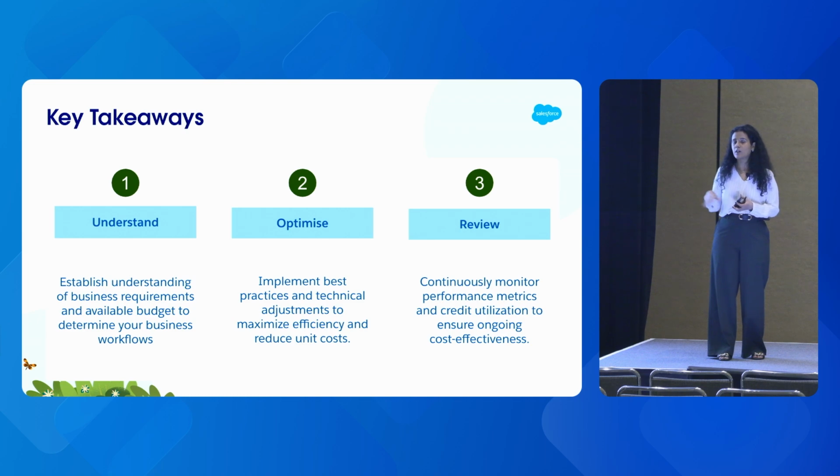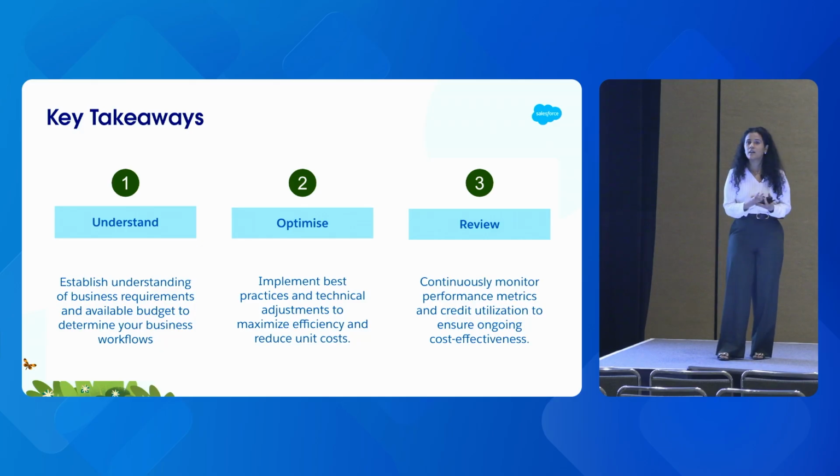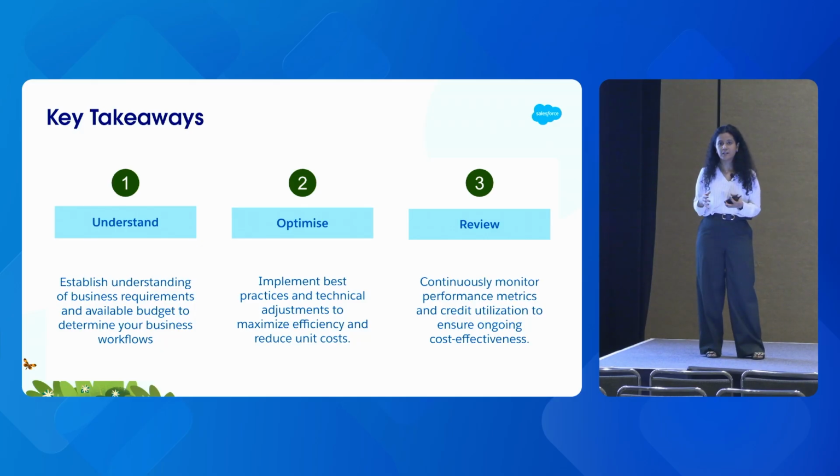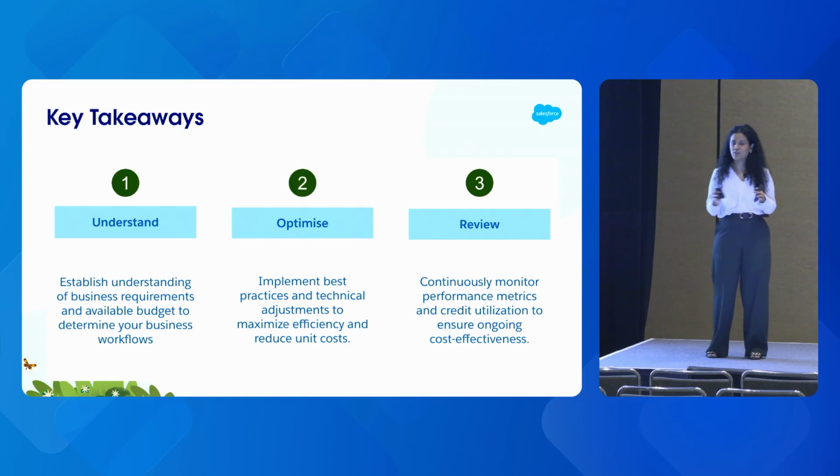Then we have seen all the best possible methods in different stages of connecting data, activating, and throughout the entire life cycle. How do we make the best of it? How do we build an optimal solution? And then you have also studied the digital wallet, which can be used to keep track of your credits and keep your cost low. So that is how to build a cost-efficient solution, in a 40-minute session.